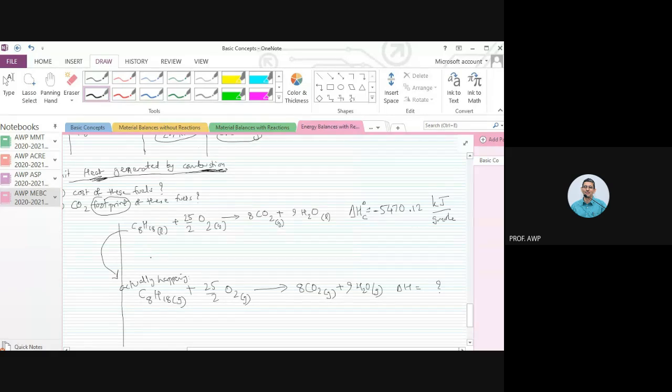If you remember your calorific value video, I add the reactions. If you add these two reactions, you will get the third reaction.